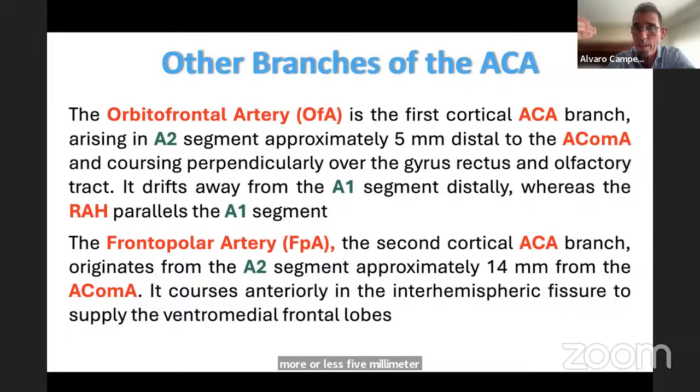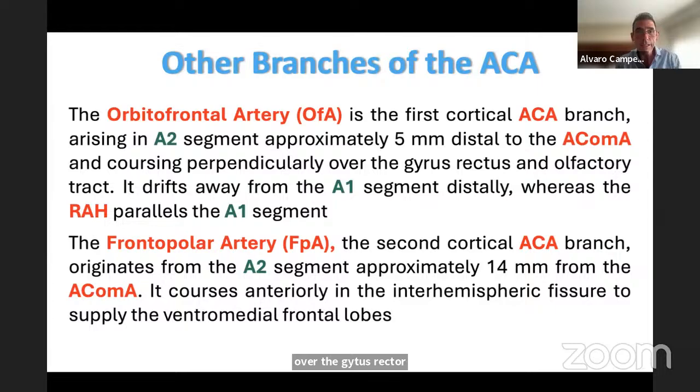So first arises the recurrent artery, and then immediately after is the orbitofrontal artery. But it is important to remember that the orbitofrontal artery courses perpendicularly over the gyrus rectus and olfactory tract.